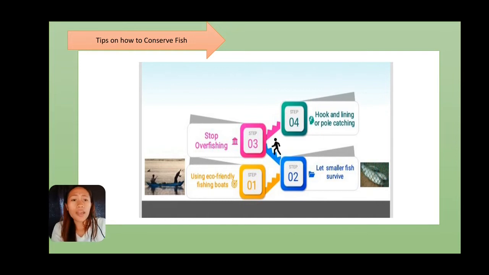When we say eco-friendly fishing boats, these are boats that do not emit gases or anything that harms the oceans, as well as changes the climate. So in fishing, we should use eco-friendly paddle boats, without engines, not the newer boats that emit a lot of gases.